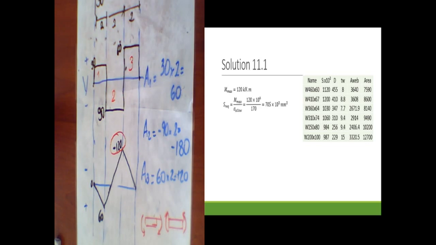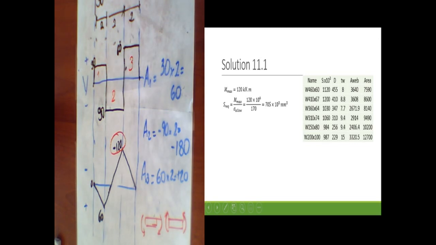For this, we remember that first of all we calculate the required section modulus. We already know the maximum moment. I want to work with Newton and millimeter in order to calculate Newton millimeter. Newton divided by square millimeter means megapascal, therefore I have to convert all the units to Newton and millimeter.